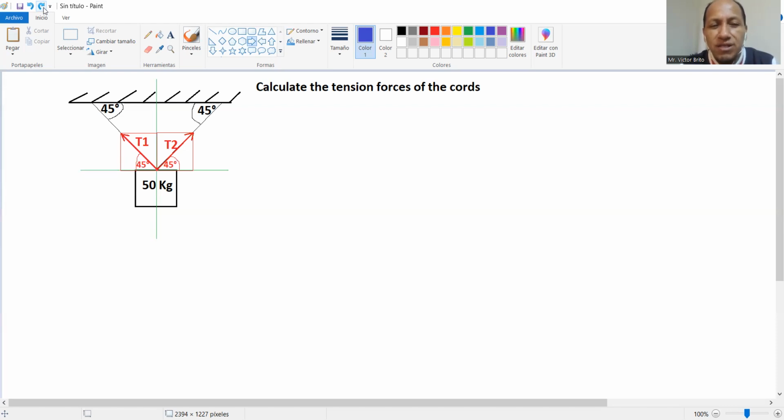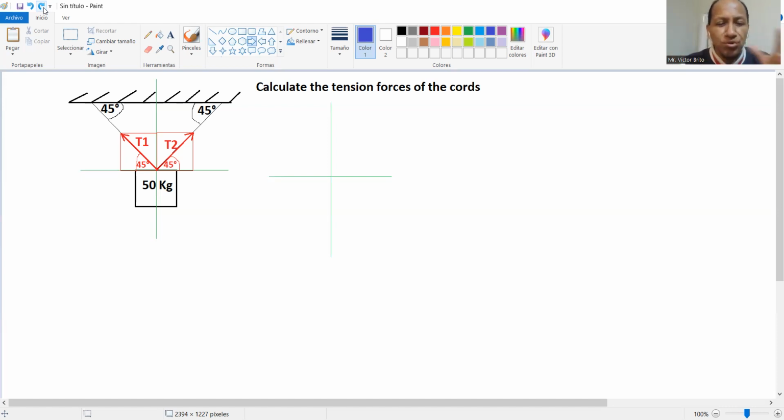So the direction of tension 1 is 45 degrees with respect to x, because if 45 is one way, there's 45 the other, and 45 plus 45 is 90 degrees. So it makes sense.